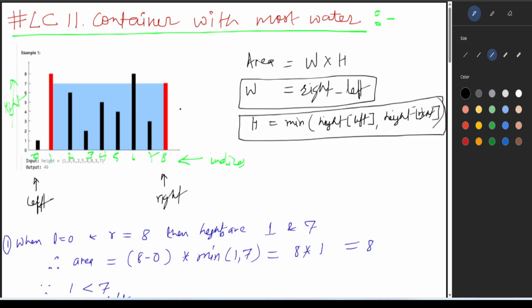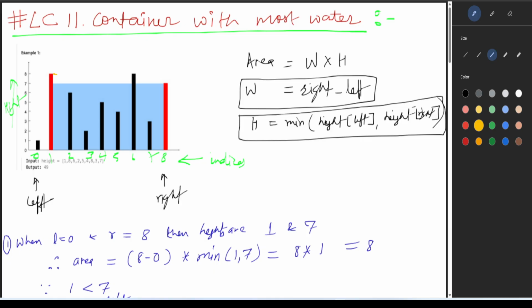So very first, what we are given here is a 2D graph, and it is saying that we have water between two pillars. Let's suppose this is your container. This container contains the water.